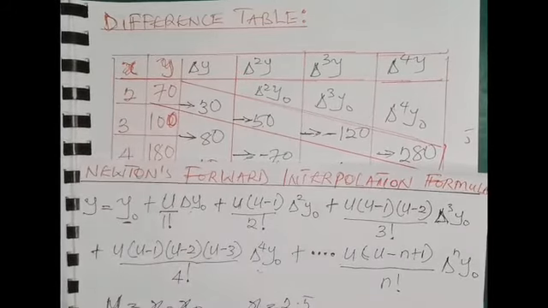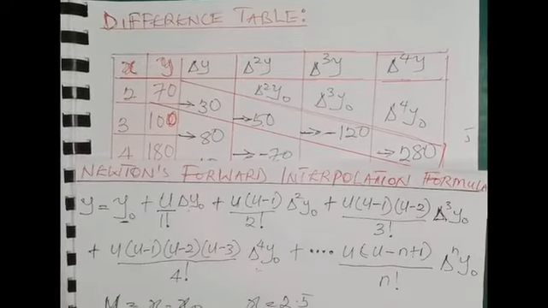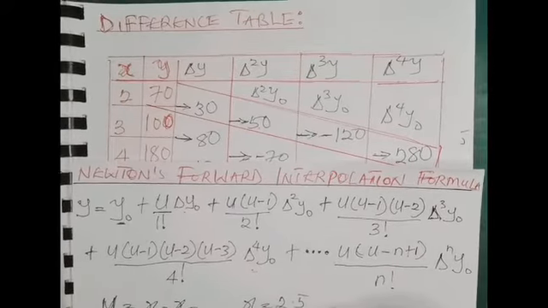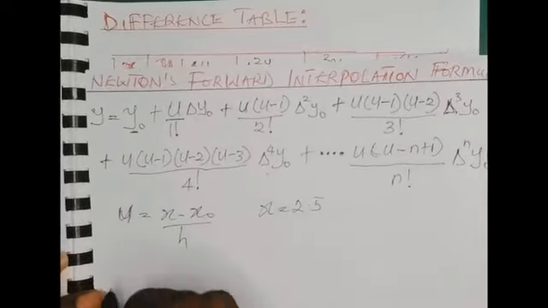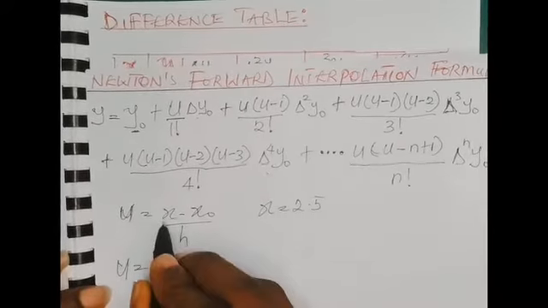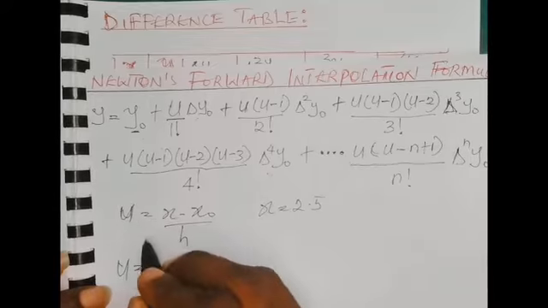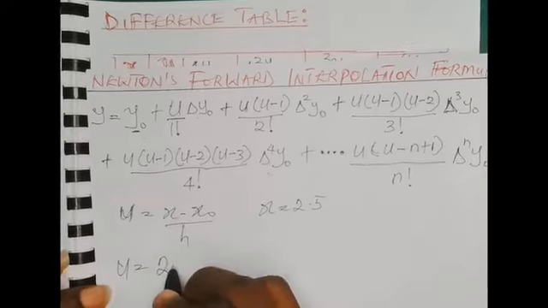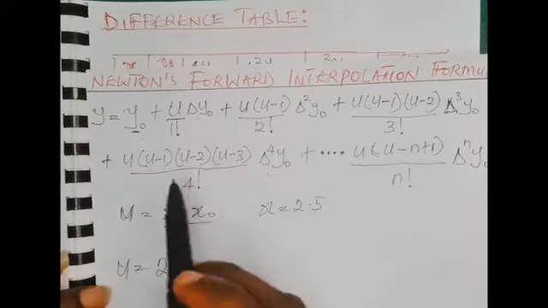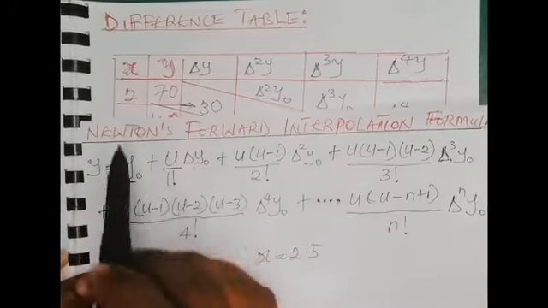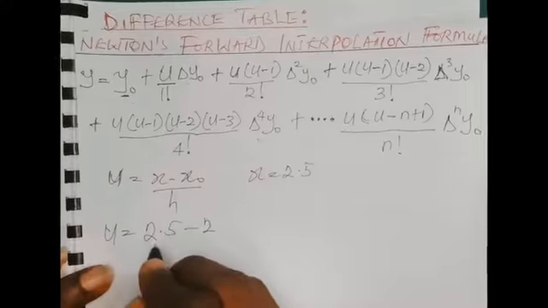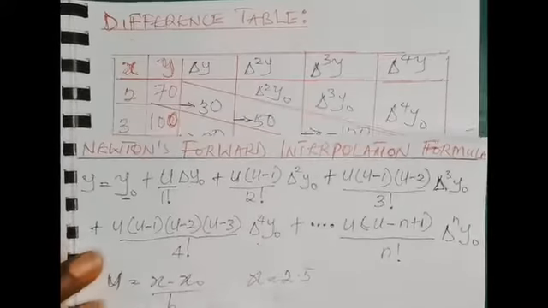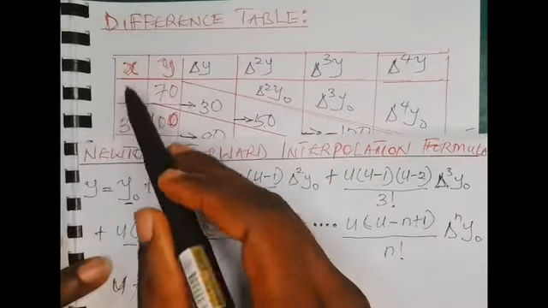That means u can be found simply as x minus x naught over h. X is the value to be interpolated, which is 2.5, minus x naught, the very first value of the argument in the table, which is 2, all over h, the interval already established, which is 1.